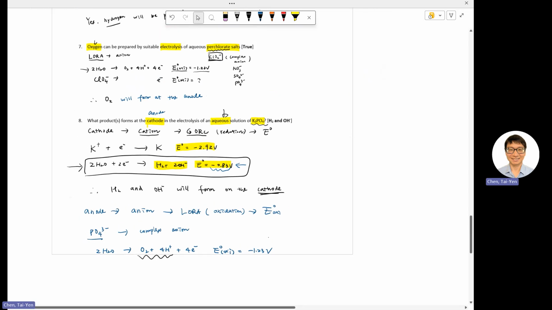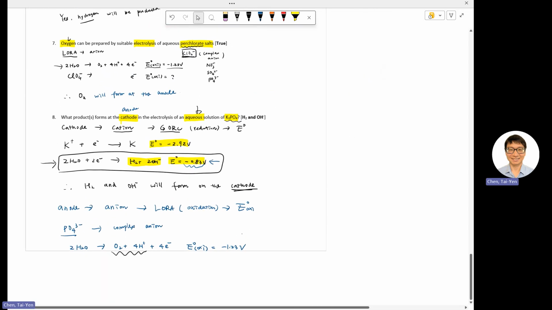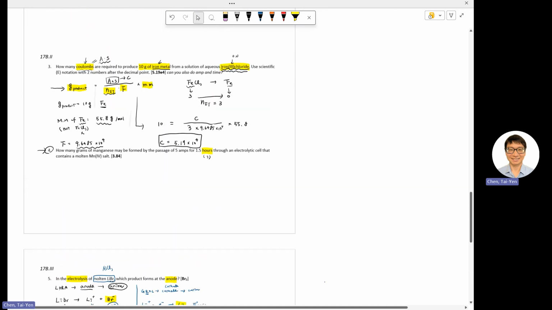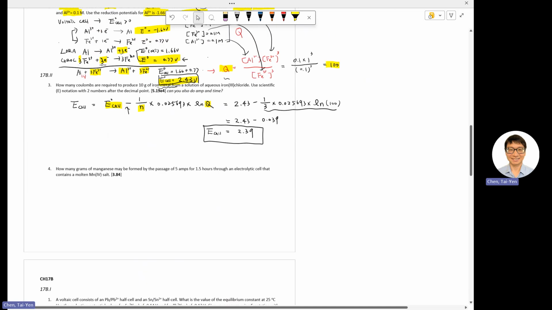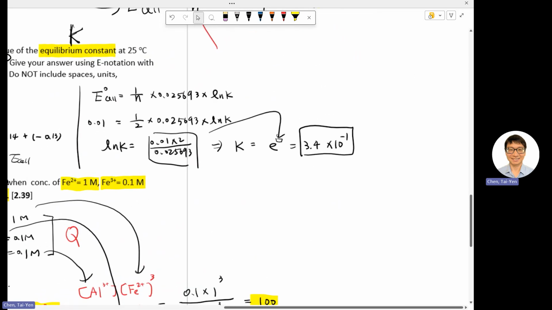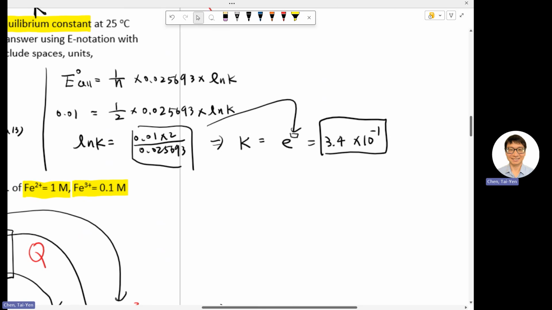All right. So this concludes what we want to learn for chapter 17. But before we finish, I want to go back to question number 1 that I went through previously, because I just realized that some of the numbers are not correct.